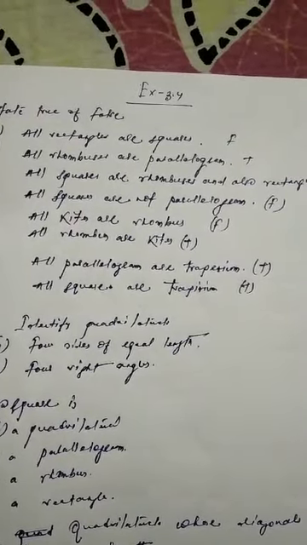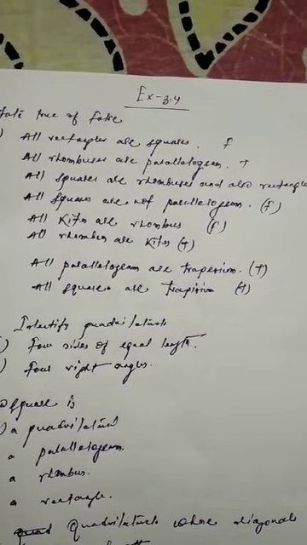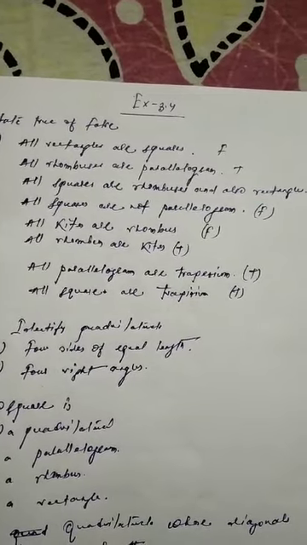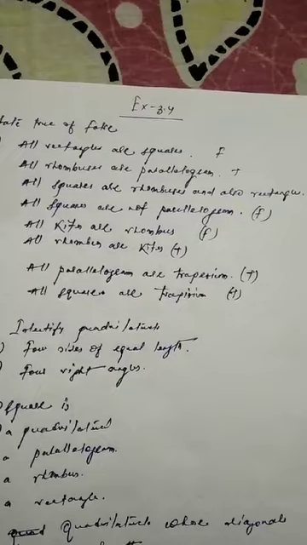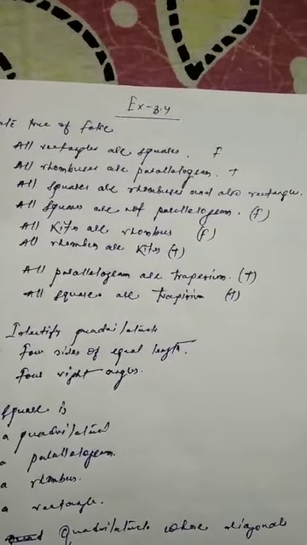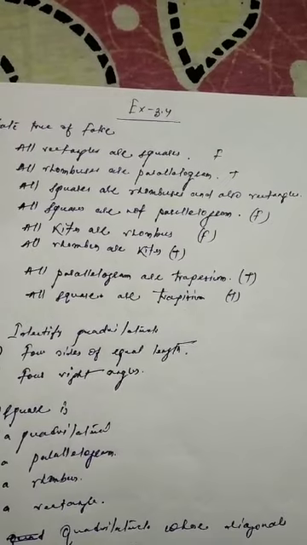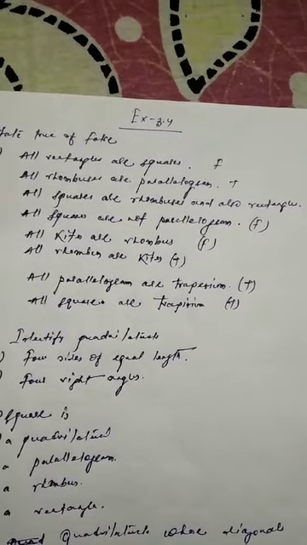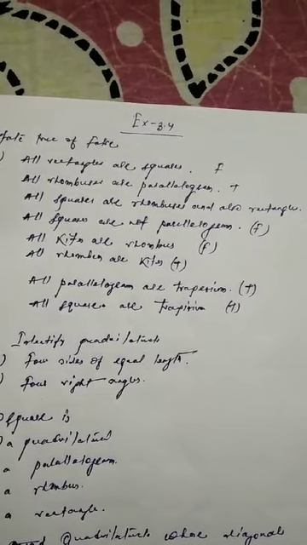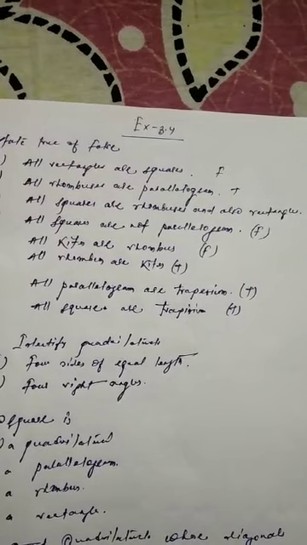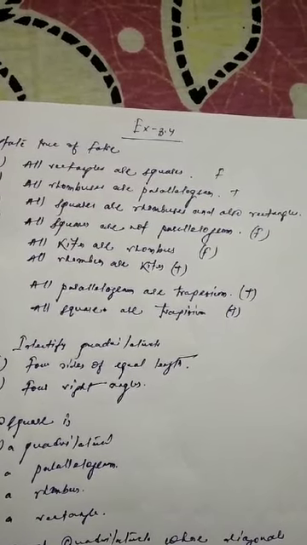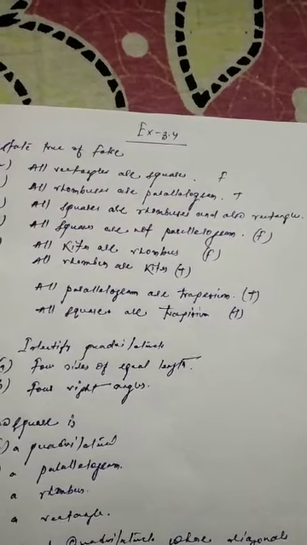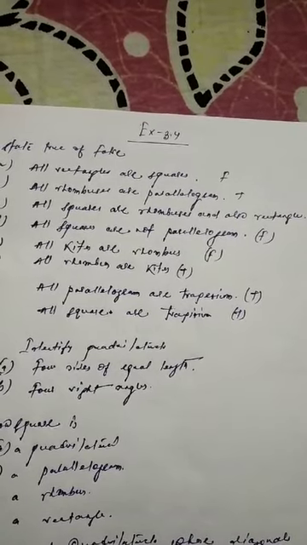Children, the very first thing you have to understand is the basic property of a square: all four sides are of equal measure, diagonals are of equal measure, and all the angles are of equal measure. It is a regular quadrilateral, a regular polygon in which all the sides and angles are of equal measure.